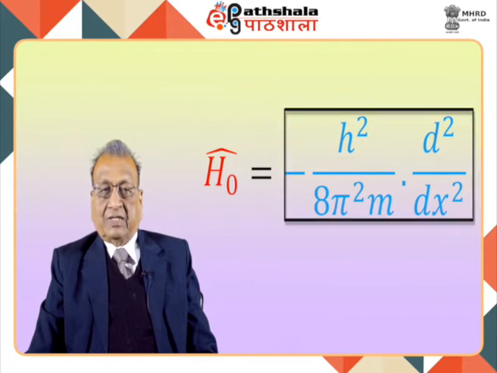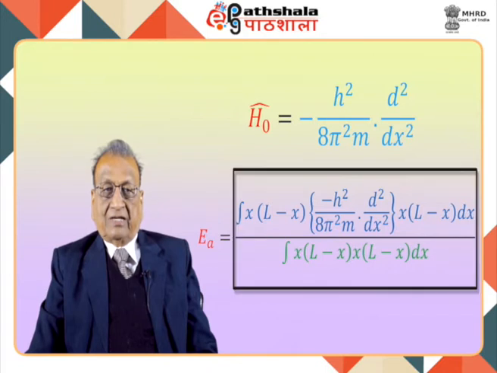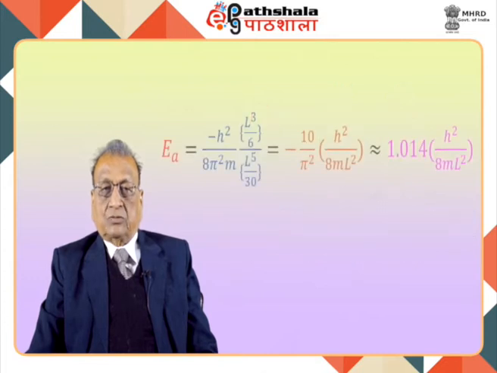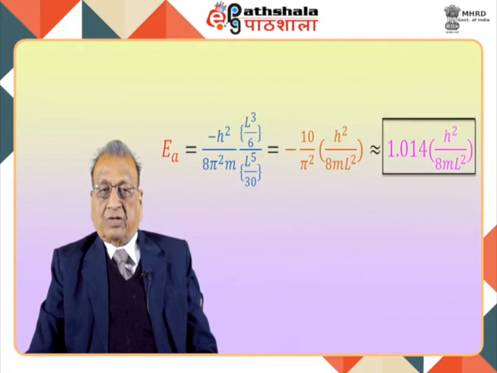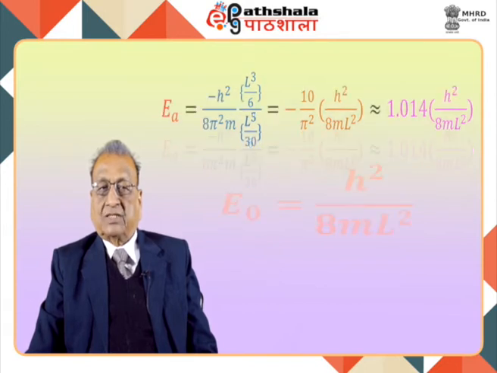Now, writing the expression for the energy, we obtain this expression, and when we solve this equation, we note that it gives us energy equal to 1.014 h square over 8 m L square, whereas when we exactly solve the Schrodinger equation for this problem, we find that the ground state energy is equal to h square over 8 m L square.